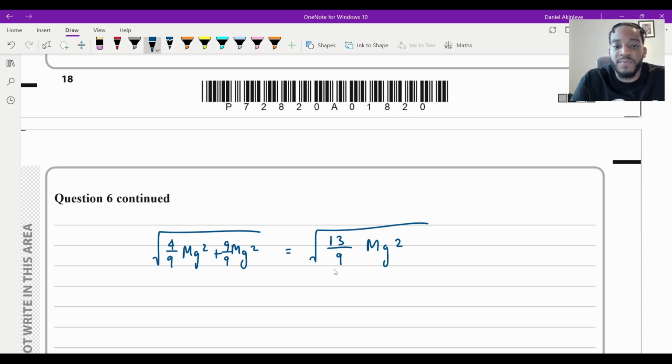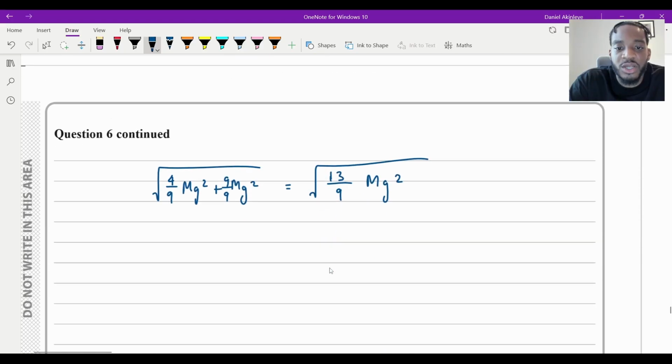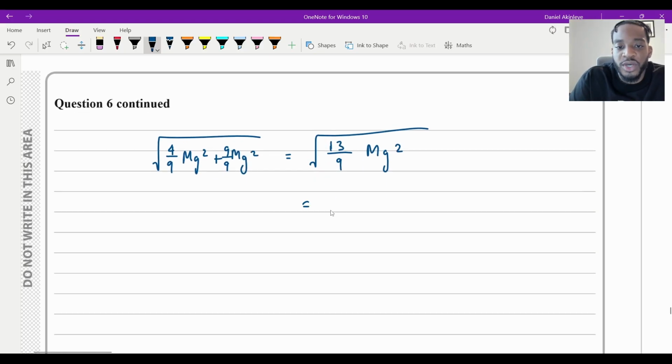Did they want it in a specific form? No, but we can tidy this up a little bit more because from our surd laws, we can separate this into two surds. We could write this as root 13/9 and then root mg squared.